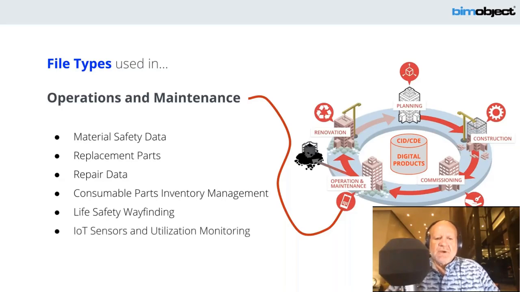IoT sensors and utilization monitoring, and again, they're consuming a lot of the data about the original pieces of equipment. So total cost of ownership, another big one. I'm actually going to be having a complete webinar on this coming up.